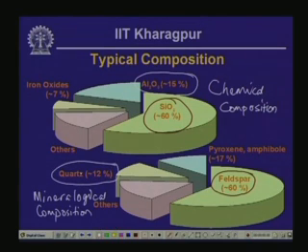Okay, so these are the chemical and mineralogical compositions of a typical magma, and you should also try to understand these are typical compositions of magma, and there is a large range over which these typical compositions can vary, and that actually gives rise to many different types of magma, and solidification of those types of magmas as a result leads to a very wide variety of igneous rocks.